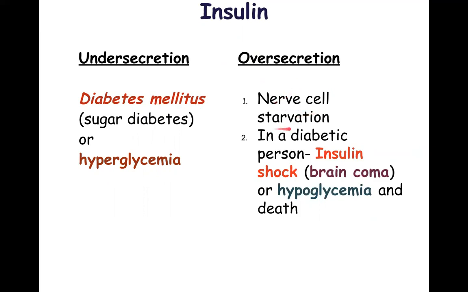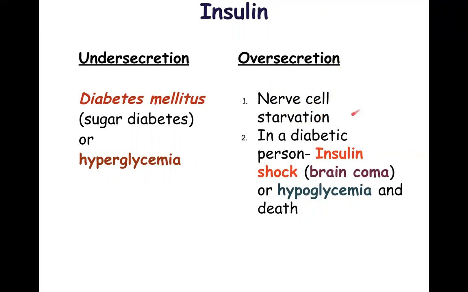If, on the other hand, there's an oversecretion of insulin in a normal person, it will lead to nerve cell starvation. The nerve cells require oxygen and glucose every second. Even a 5-second delay in oxygen or glucose supply will lead to death of the nervous tissue, and it cannot be recovered because our nervous tissue does not repair itself. Now, if there is an oversecretion, then the nerve cells will be starved.